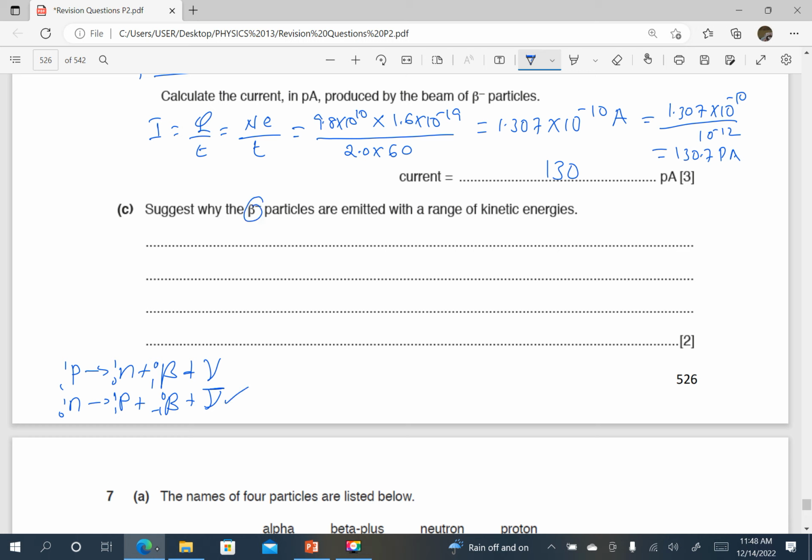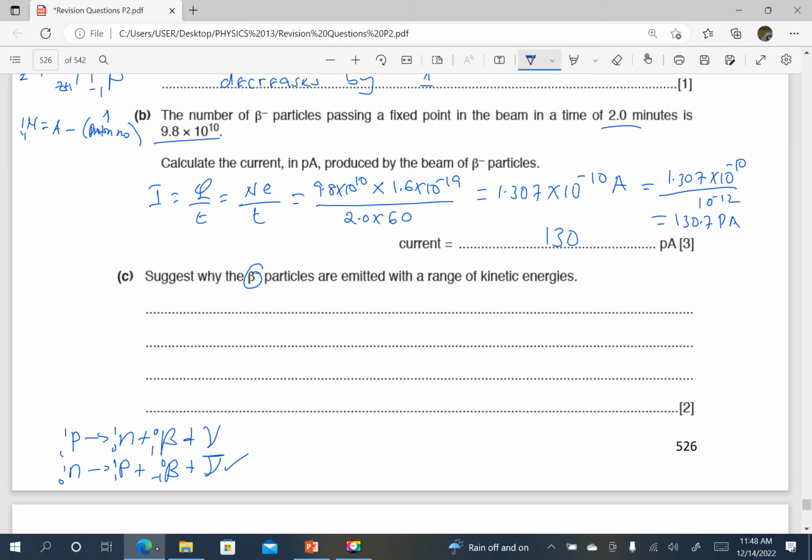So the energy with which they are emitted is going to be shared with other accompanying particles such as the antineutrino. So we can say energy is shared with other accompanying particles.